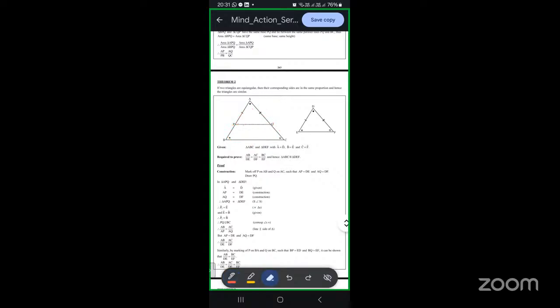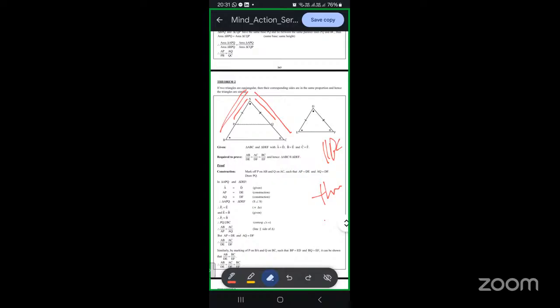That is why they said the whole side AB over AP is equal to AC over AQ. The reason being the line parallel to one side of a triangle, or you can say proportionality theorem, and then you state your parallel lines: PQ is parallel to BC.